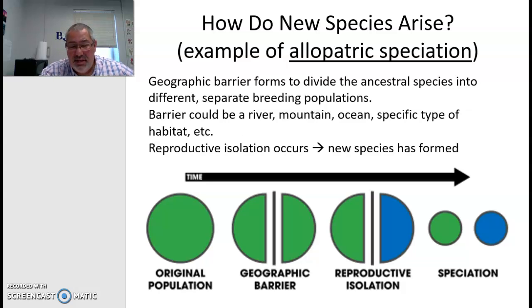So allopatric speciation is the formation of a new species due to the separation of an ancestral population by this geographic barrier.